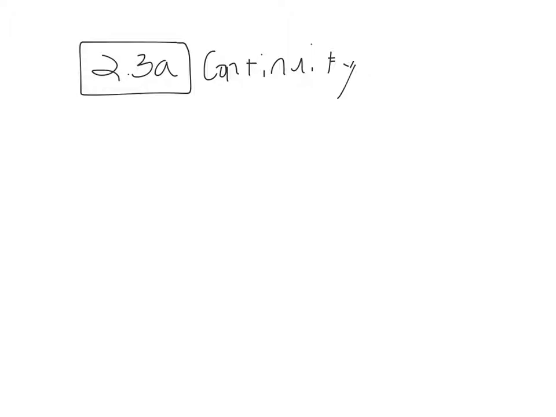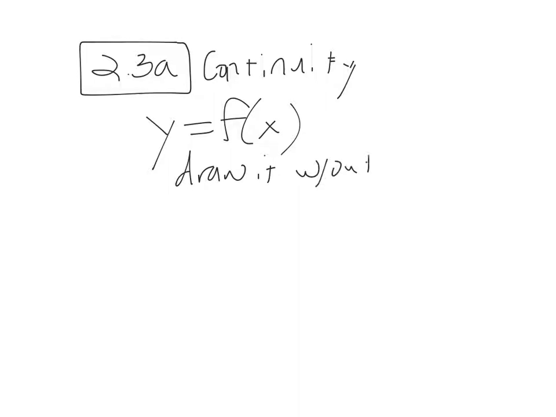They do not jump from one value to another without taking on the values in between. So I think you can have an idea or sense of what continuity is. Basically, if something is continuous, like y equals f of x, then you can draw it without lifting your pencil.